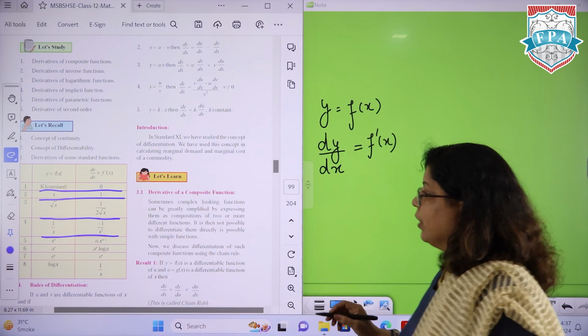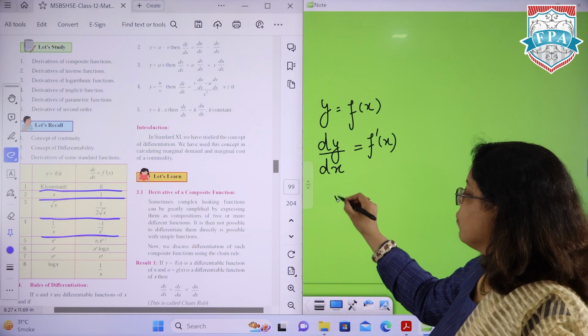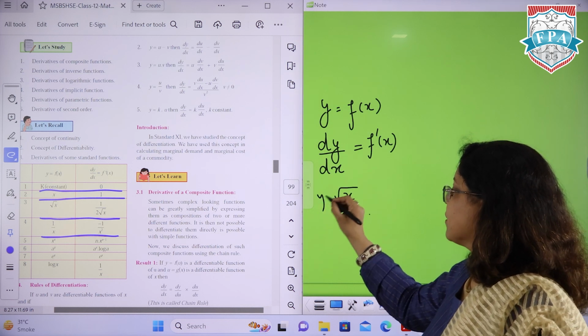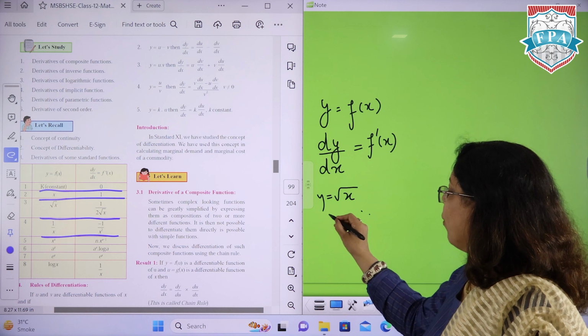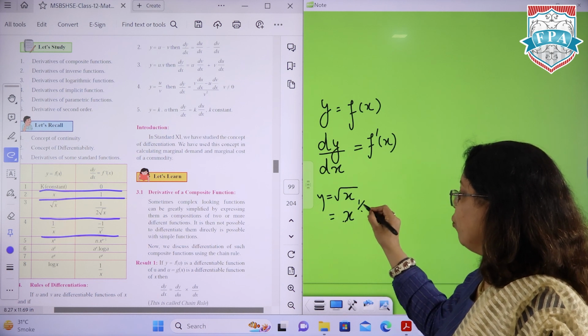In fact, I want to tell you that for root x also, we are using the same base. Y is root x. Now, root x is x to the power 1 by 2.